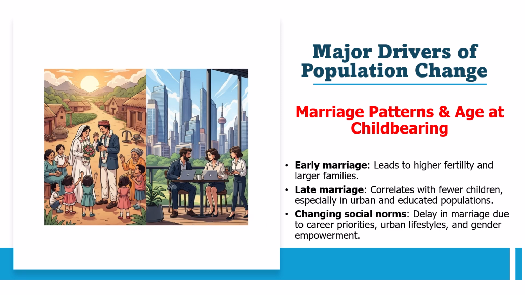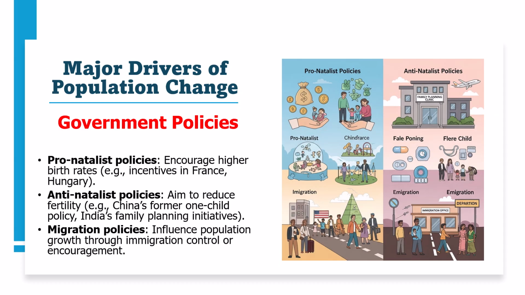Changing social norms shaped by career aspirations, urban lifestyle, and greater gender empowerment are contributing to later marriages worldwide. This delay not only lowers fertility but also impacts family structure, population growth trends, and overall demographic transitions in many societies.